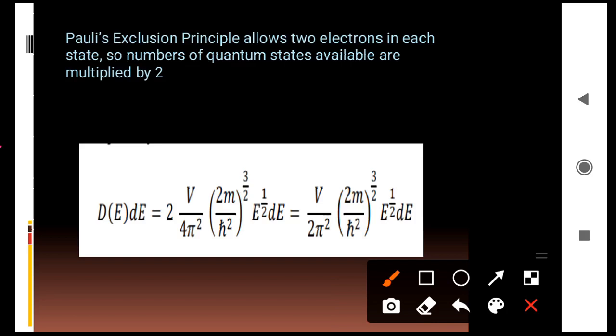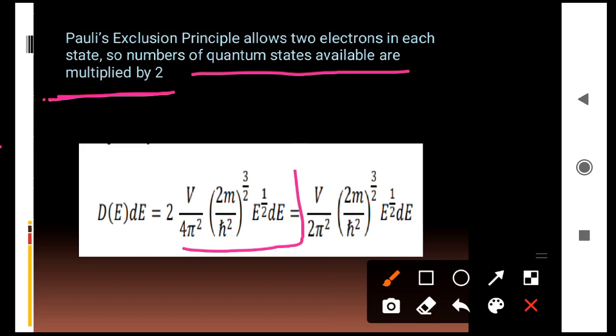So the number of quantum states available is also multiplied by 2. These are states. What are these? These are quantum states. These are also multiplied by 2. That's why we multiplied our equation by 2.